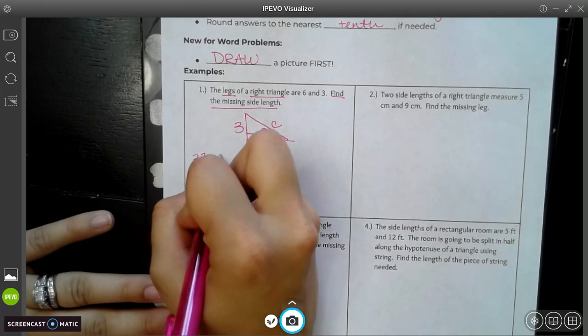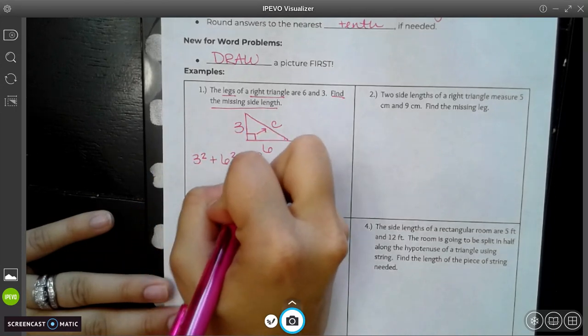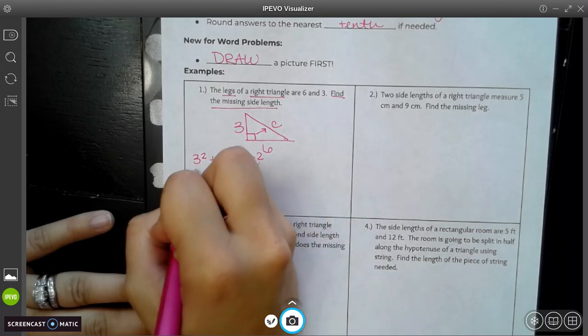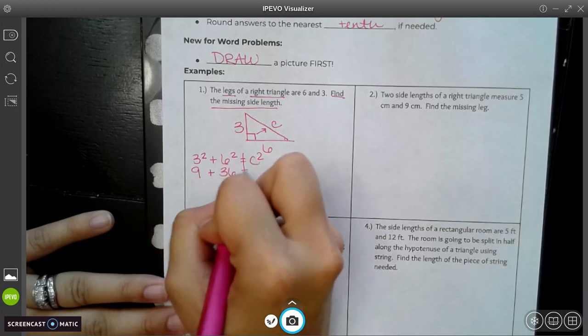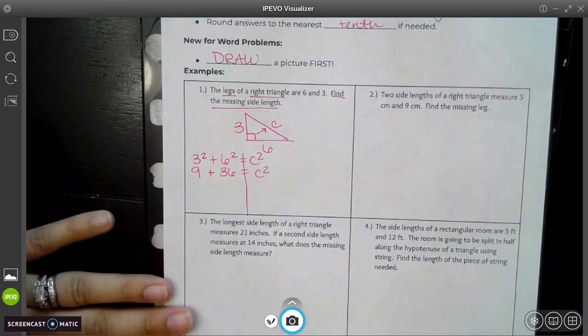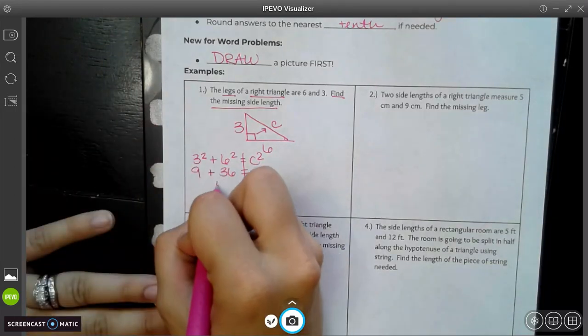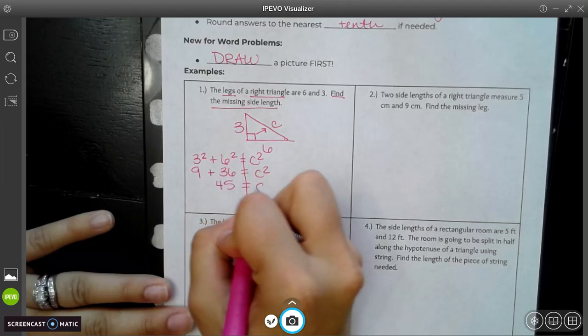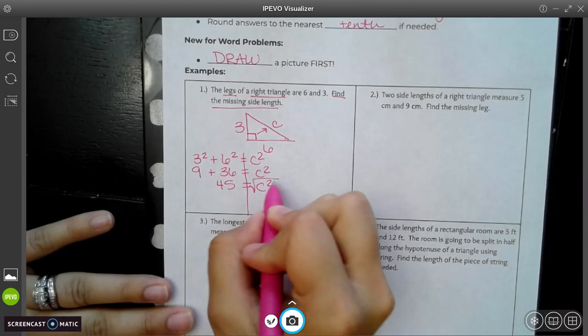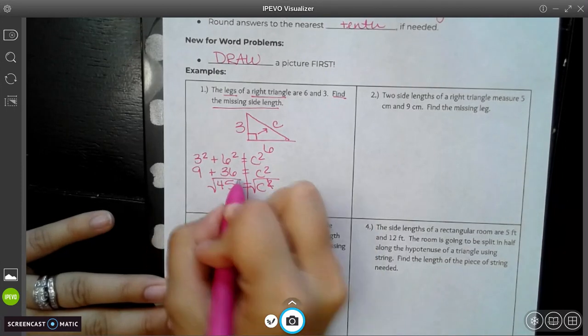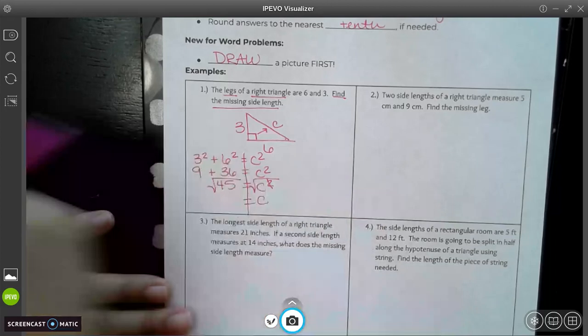3 squared plus 6 squared equals c squared. 3 squared is 9. 6 squared is 36. 36 plus 9 is 45. To get that squared off of the c, we have to do the inverse, which is square rooting. Make sure you do it to both sides.